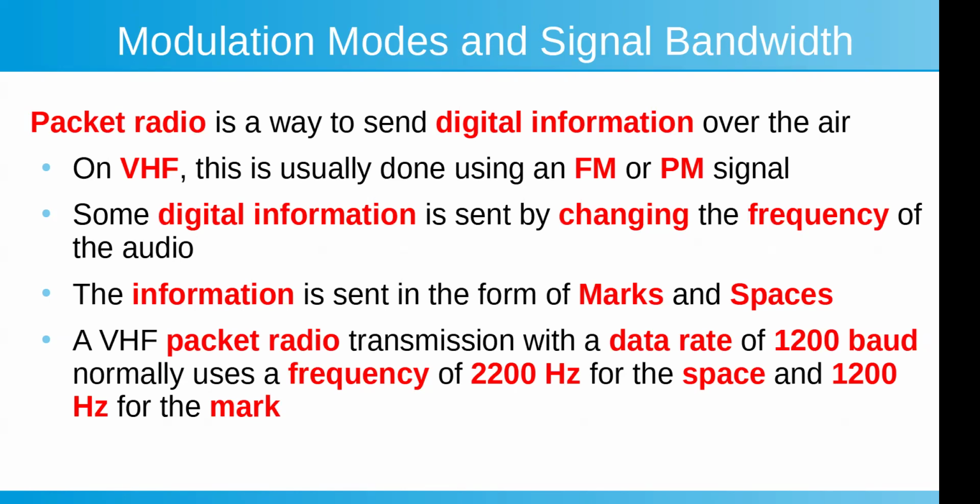Since it's binary, we're sending ones and zeros, we call them marks and spaces, where a mark represents a 1 or true, and a space is a 0. In the VHF world, you usually run in the 1200 baud range.